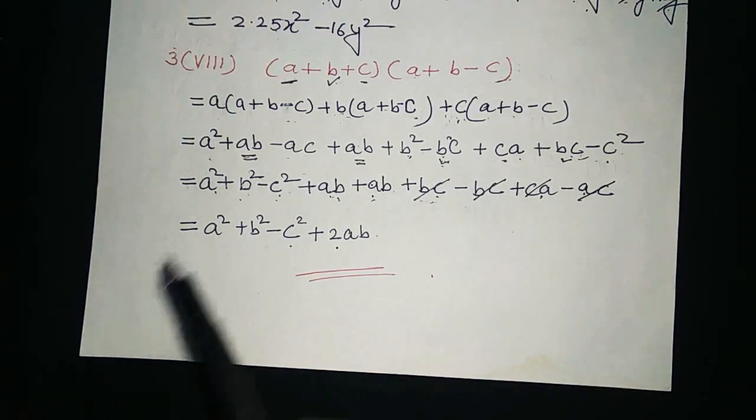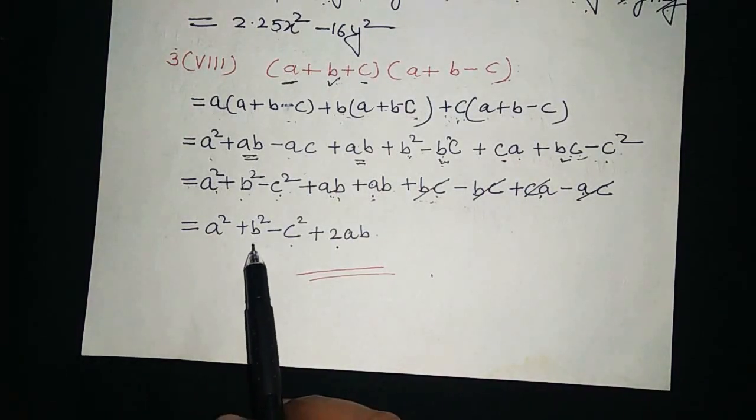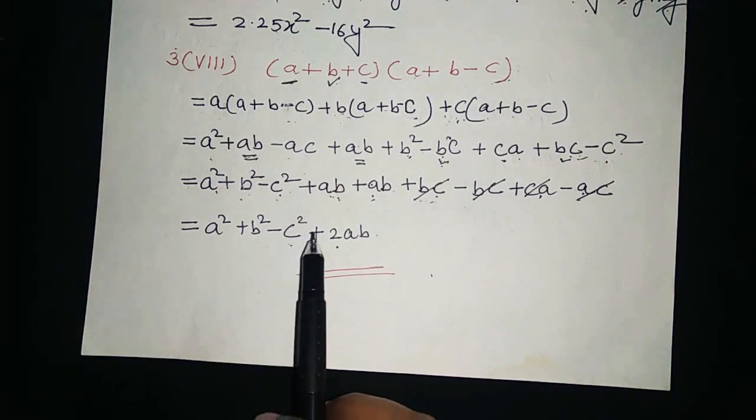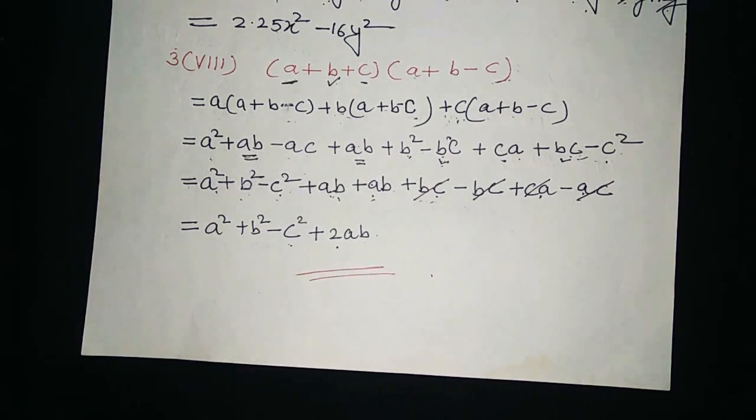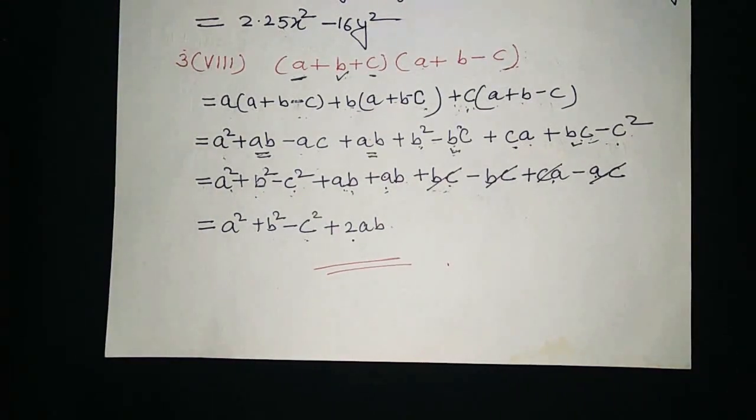So the product of these two given expressions is a square plus b square minus c square plus 2ab. Now students, this exercise is over. You will solve all the parts of all the questions in your copy in the proper sequence.